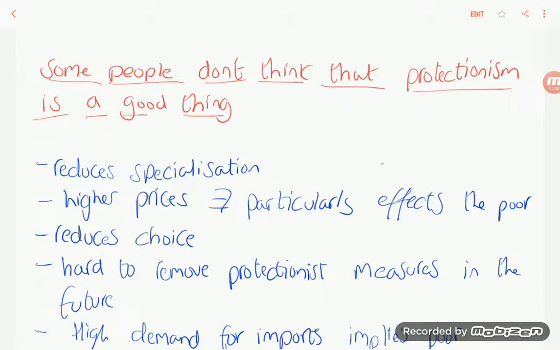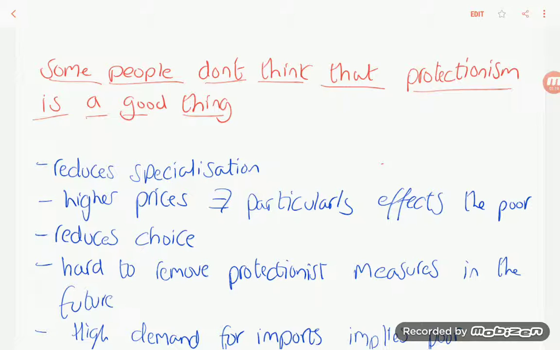Some people don't think protectionism is a good thing. Restricting imports reduces specialisation, diverting resources away from their most efficient use. This reduces allocative and productive efficiency. Protectionism will mean prices tend to be higher for both consumers and producers, as there's a lack of specialisation and competition.